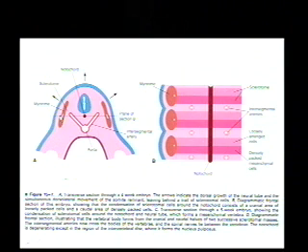The panel on the left is a transverse section through one of the segmental areas, and intersegmental areas, because we see the intersegmental artery branching from the dorsal aorta. This is at about 4 weeks, and the arrows are indicating the direction of growth of the dorsal surface of the embryo itself, rapidly growing.